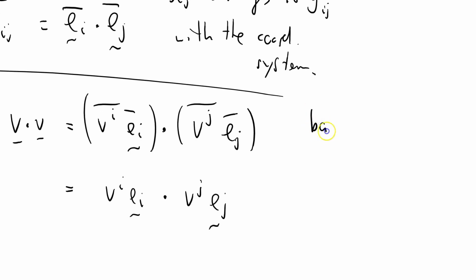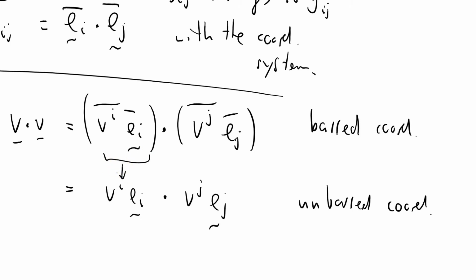That's in the barred coordinate system, and this is an unbarred coordinate system. All I've done is take my vector and write it in an unbarred coordinate system, and so the components change and the basis vectors themselves change as well, but it's still the same vector, so this thing is equal to it.